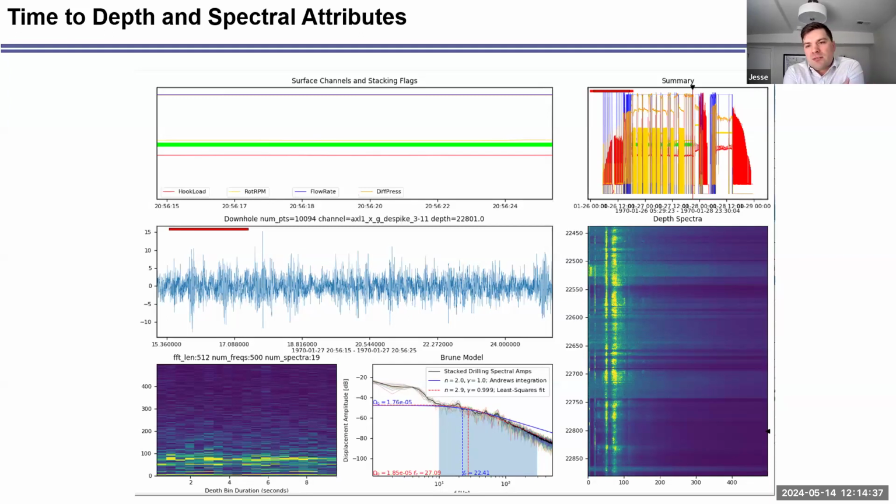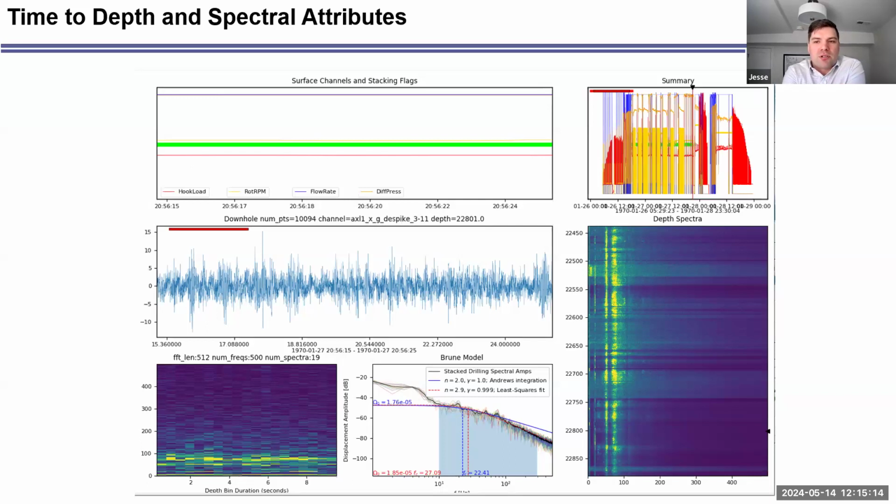And so as we go into the geomechanics evaluation, the spectral attributes are what we're actually going to be using in the process for geomechanics. But here on the right, we can take these windowed spectra and stack them into a specific depth. So say you want a depth spectra every half foot, you can stack all of these windowed FFTs into a half foot bin.